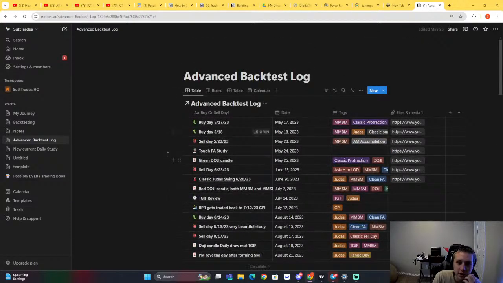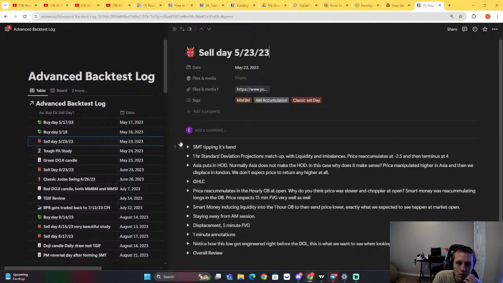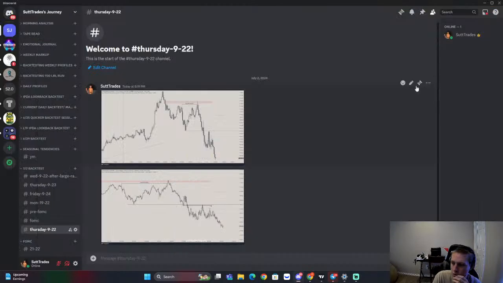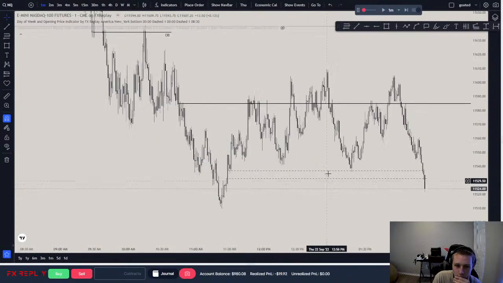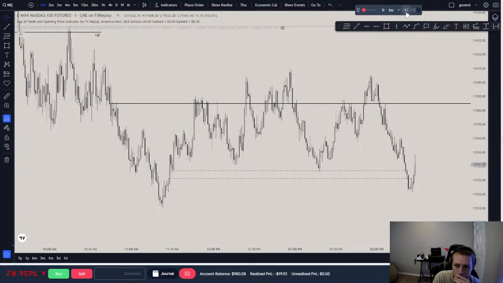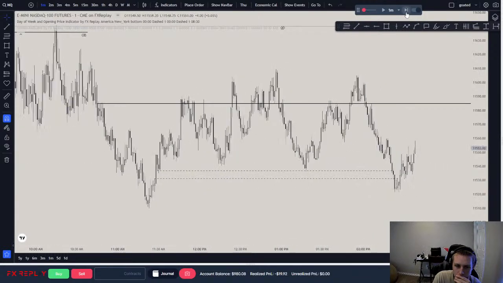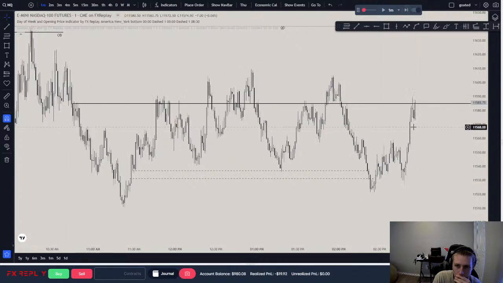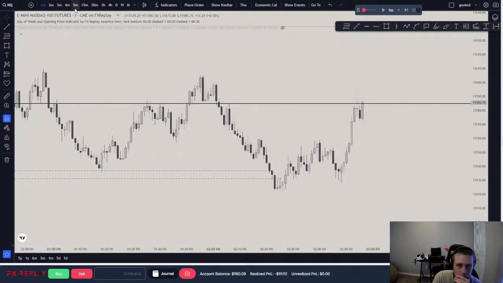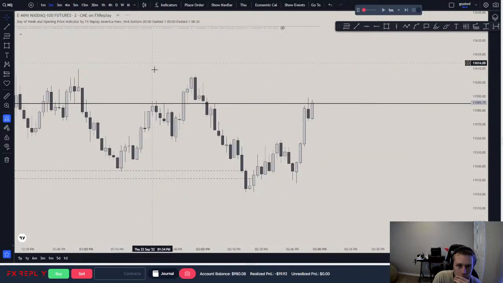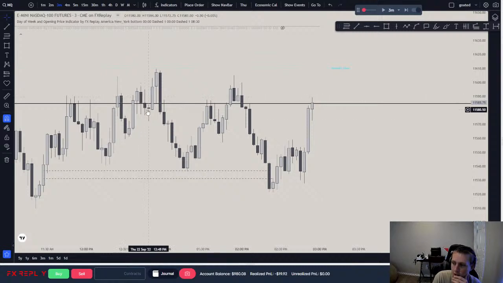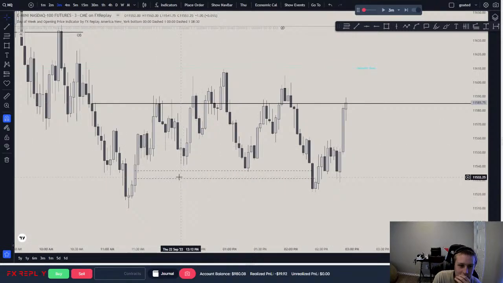I don't have that much data. It looks so good.